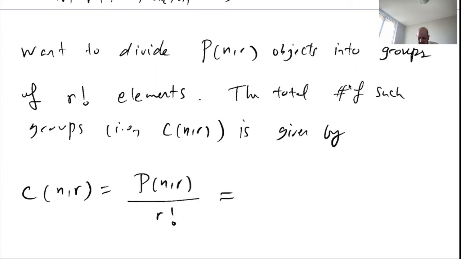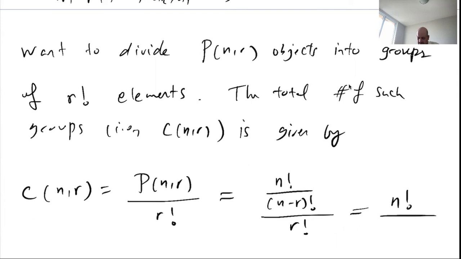So what's that going to be? P(n,r) is n factorial over (n minus r) factorial, then divided by r factorial. And the answer is n factorial over r factorial times (n minus r) factorial.